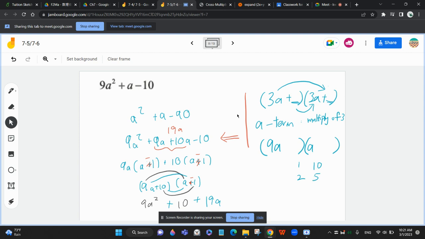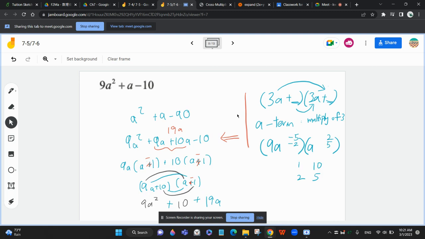So here we need to try, if we put the 2 over here and then the 5 over here, that means that the negative should be with 5. But it's not possible to get the 1a. So if 5 is over here, 2 is over here, the negative should be also over here.